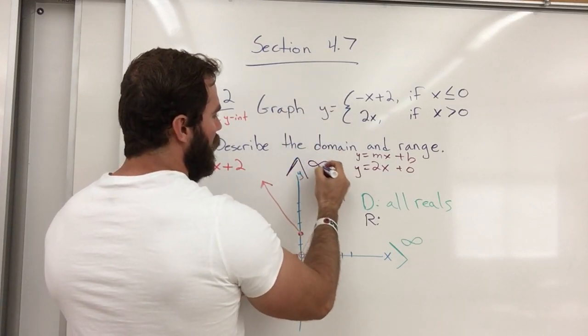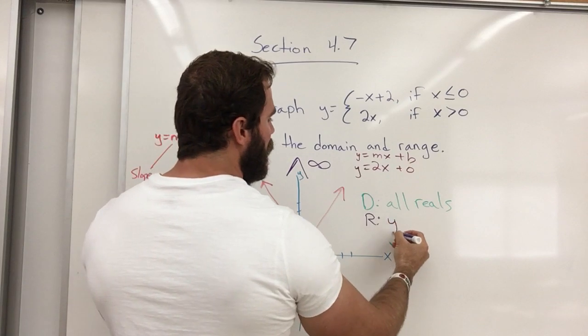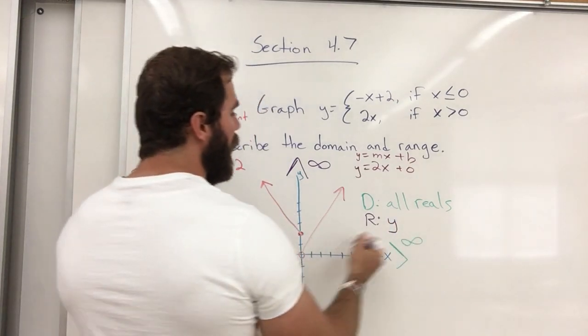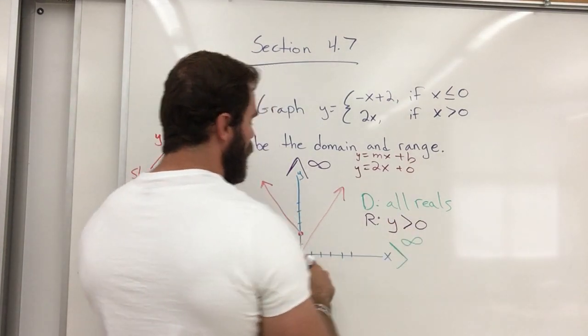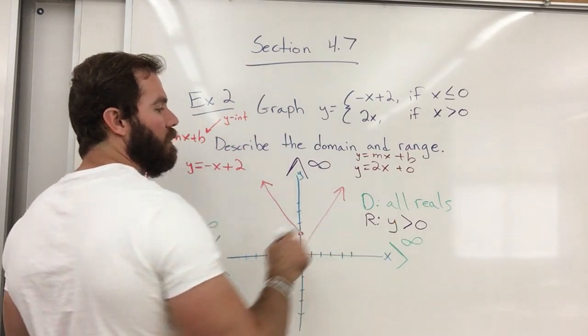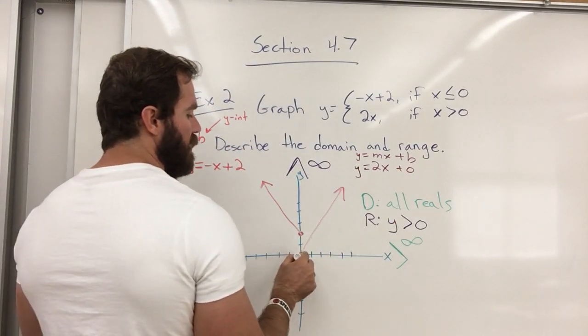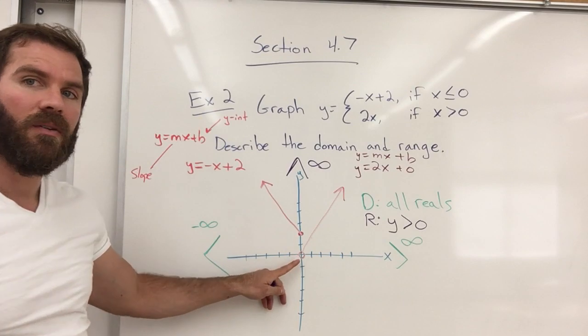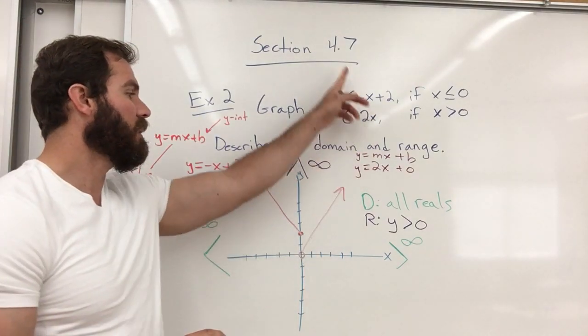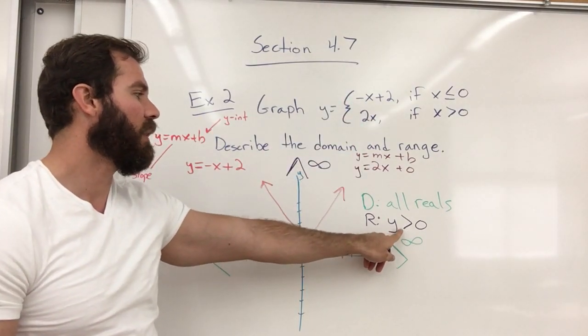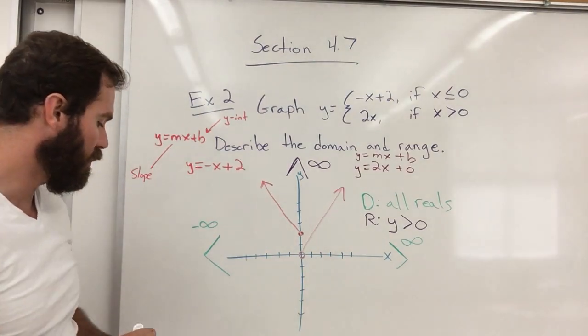So y is going to be greater than 0, not equal to 0. It's an open circle. It's just greater than, and it goes up to positive infinity, so every number greater than 0. That's our domain and our range.